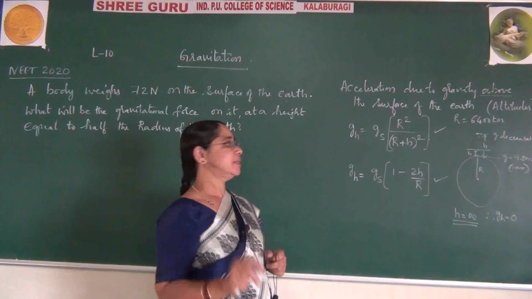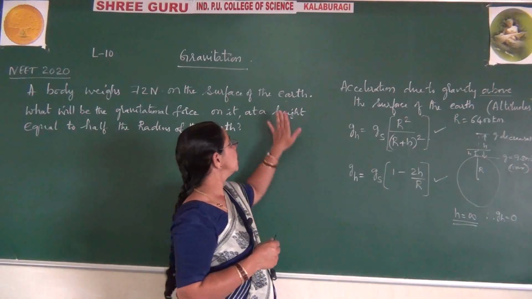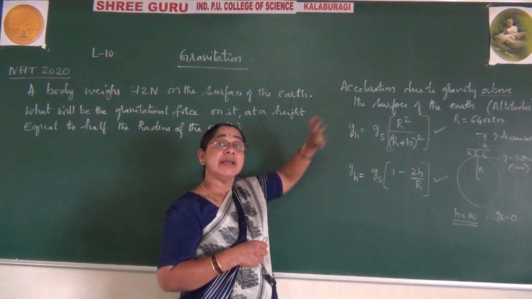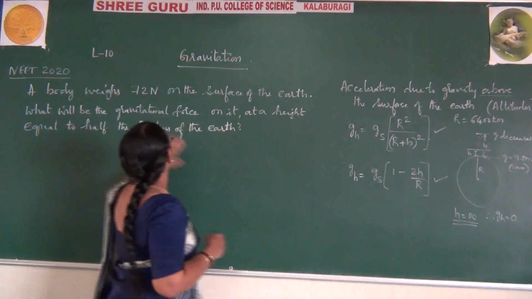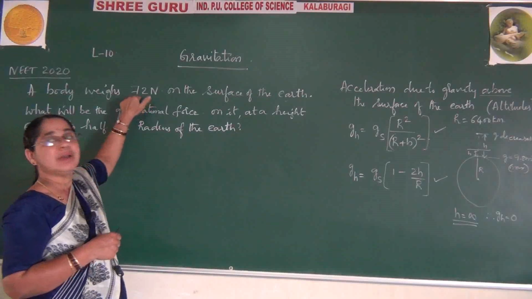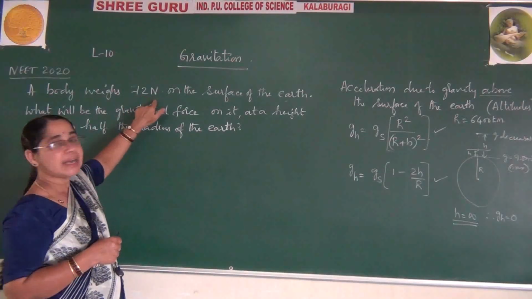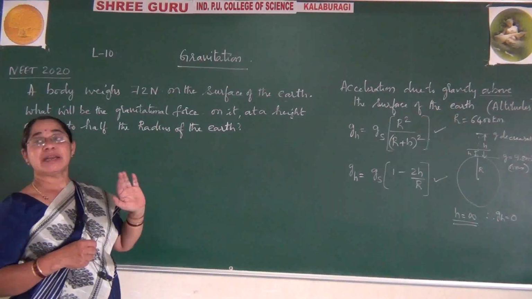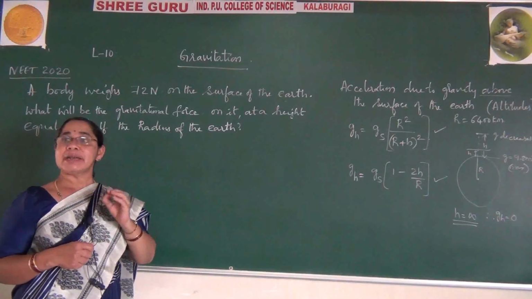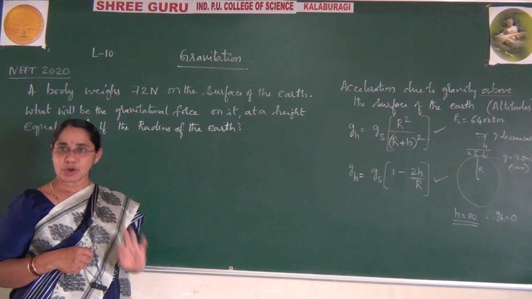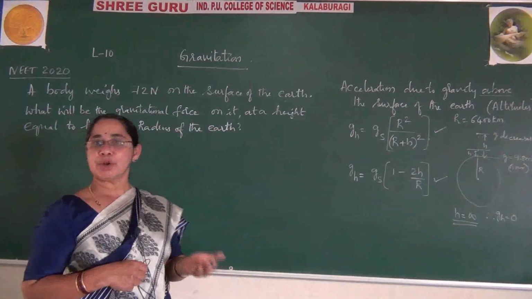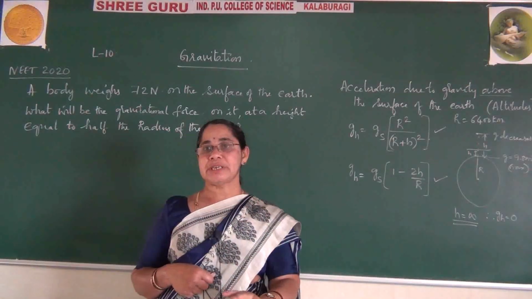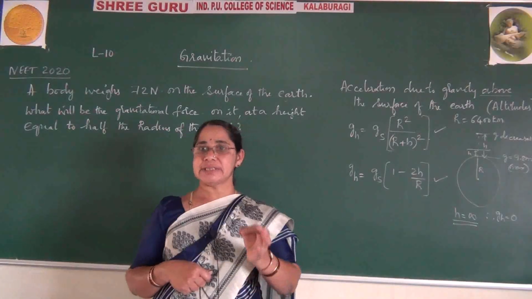According to the equation and the conditions you now know, it must decrease. By looking at this 72 Newton, you can select an option which is less. But there will be 4 options, and you have to calculate the accurate answer. You will never get more than 72 Newton; it is less than 72 Newton. Among the 4 options, you have to select the best answer.